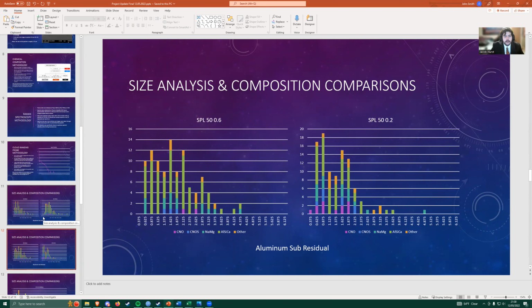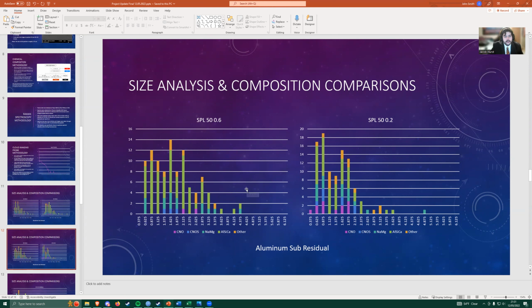And yeah, most of it is just going to be that. On this one, it also follows a trend. I guess I just put these graphs on backwards somehow, but this is 0.2 here and 0.6 here now. But once again, we see a higher concentration of smaller particles over here at the 0.2, which is always good to help us confirm what we are seeing.